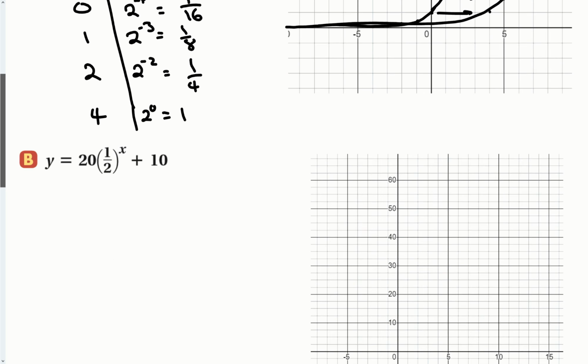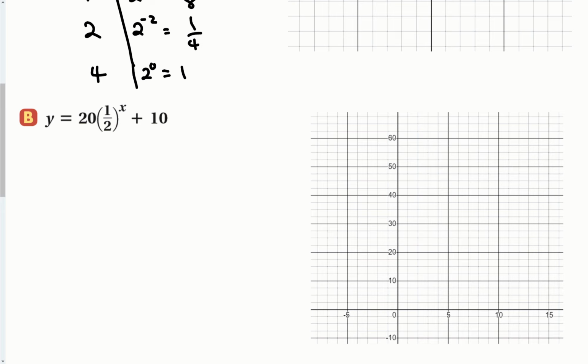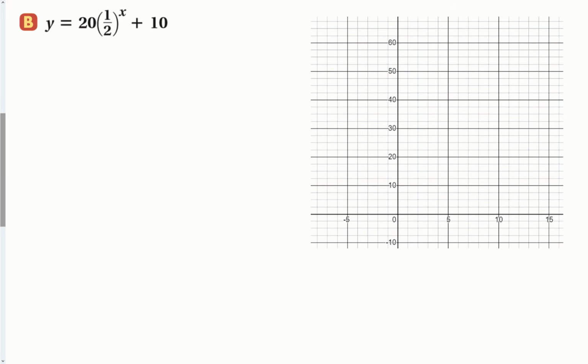With this one right here, as I look at this function, I know that it's going to be exponential decay, and that the graph is going to be shifted up 10 and then stretched out by a factor of 20. But the easiest way to do this is to just set up a table.